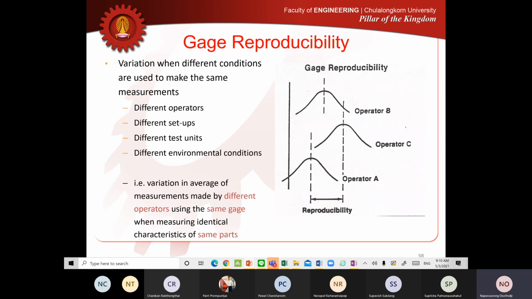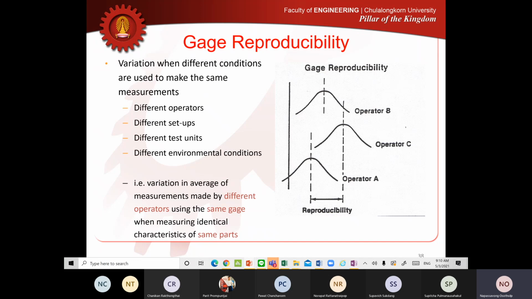Another thing is called reproducibility. In this case, we look at the situation where we have several operators or several measurers.